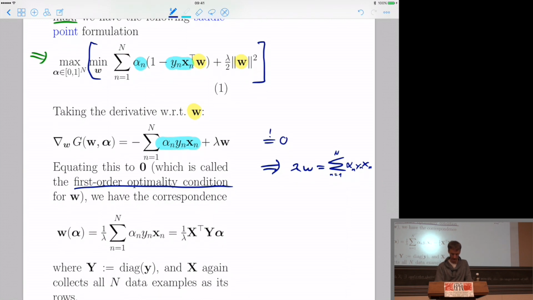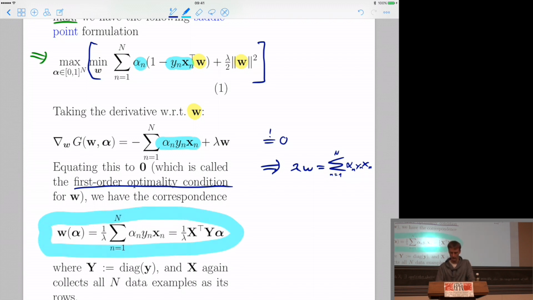So that's what we have written in the next equation here. We said we are given some fixed alphas, and we asked, can I have a closed form solution which gives me the perfect W? Here it is. For any given alpha, that's the best W.